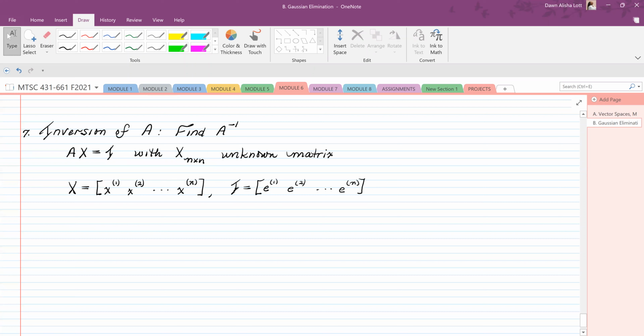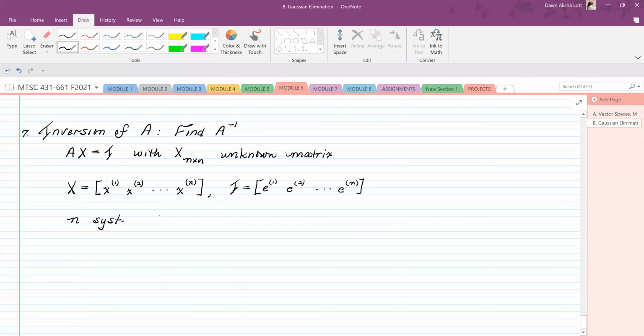Okay, so this is n systems of equations, n systems of A x_n equal to e_n. So you can solve it like that.